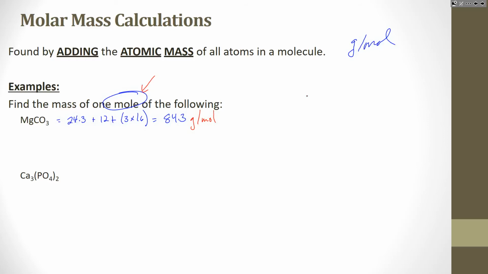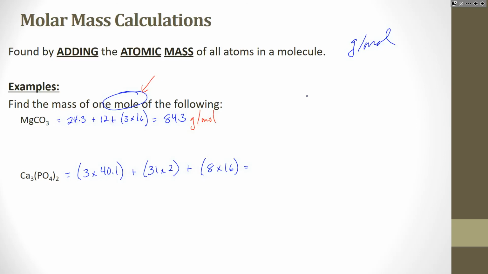Calcium phosphate. So when we're doing calcium phosphate, we need 3 calciums. So 3 times calcium is 40.1. Plus, there are 2 phosphoruses. So 31 times 2. And there are now 8 oxygens. So 8 times 16. So when we add these all up, 40.1 times 3 plus 31 times 2 is 62 plus 8 times 16.